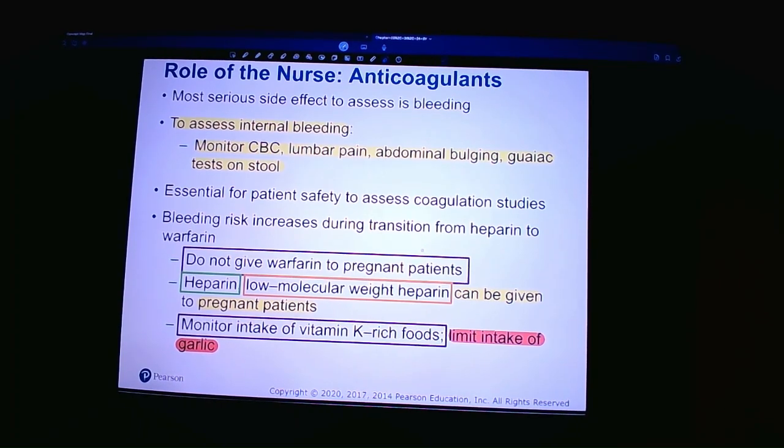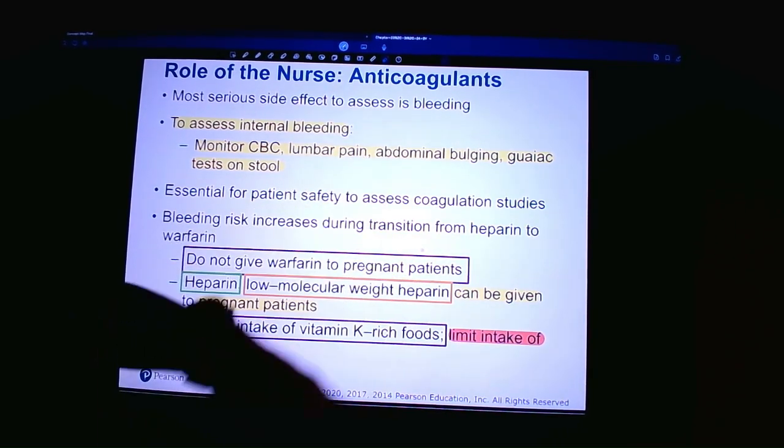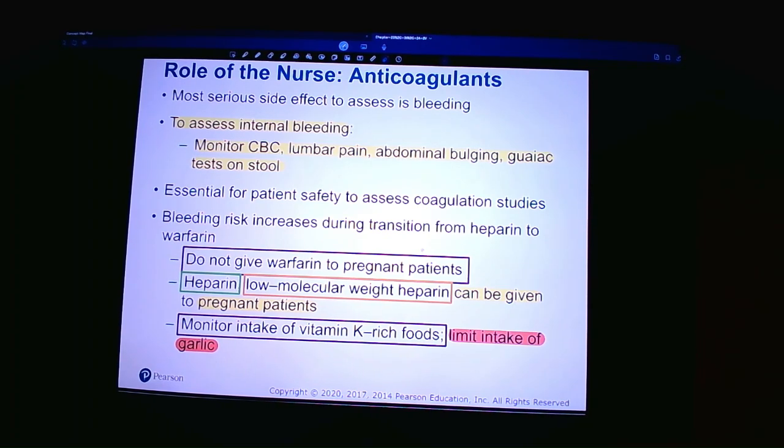If bleeding occurs in the spinal cord, blood can accumulate and eventually push on the spinal cord, and then you have paralysis. That could be permanent or temporary, but it's a possibility. So that's where the lumbar pain comes in. Abdominal bulging is like heavy internal bleeding, so that's one you can also be careful with.